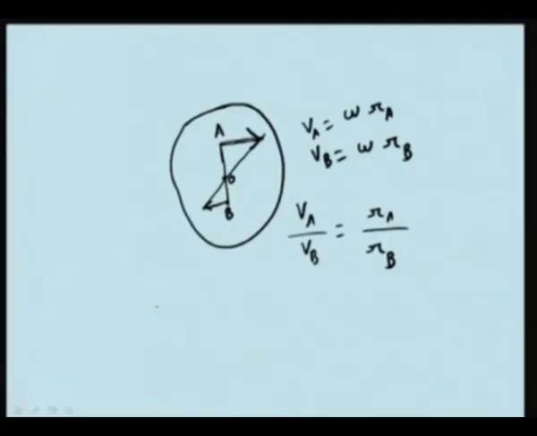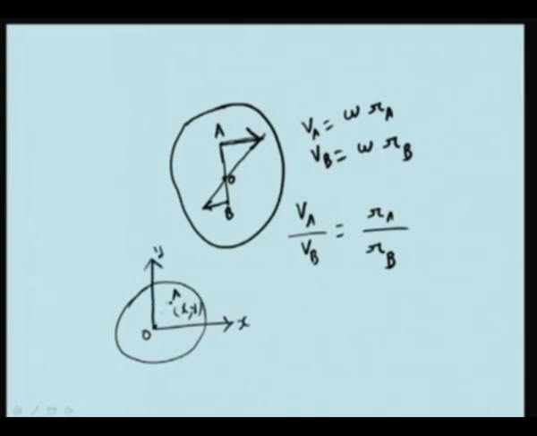For example, if there is a body and there is a point O on the body, let us say any other point A on the body, whose coordinates are x, y, when the axis system is passing through O.